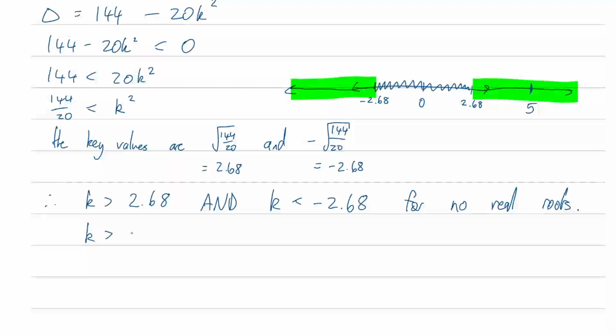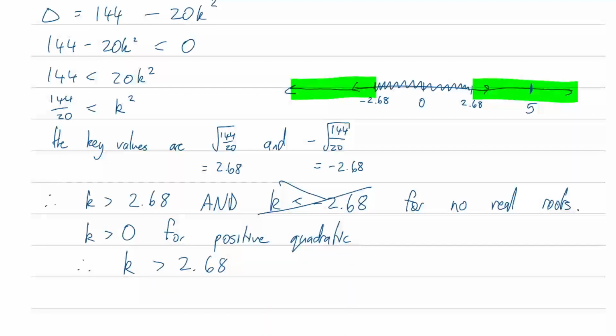So k must be positive for a positive quadratic. Therefore, k must be greater than 2.68.